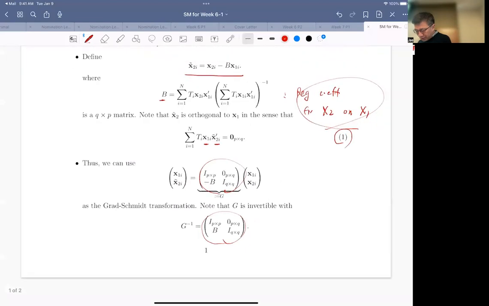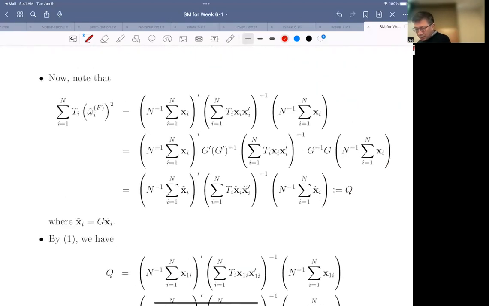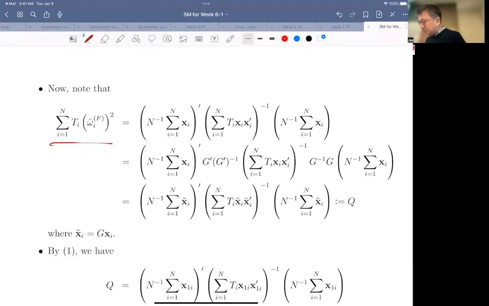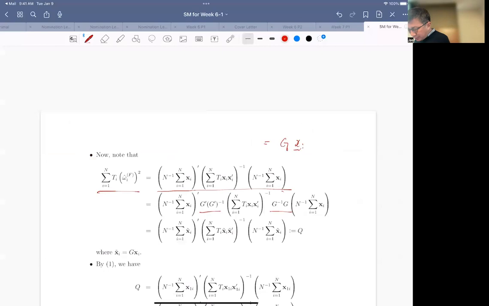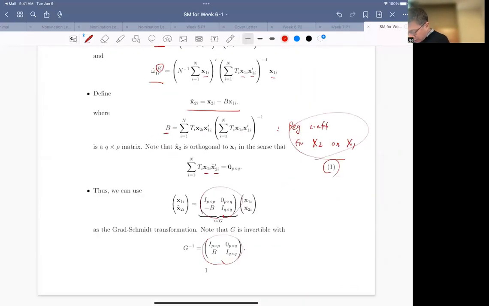So that means, by the way, if you work out the algebra, you can obtain this. And then apply this kind of trick. And then G xi is X tilde, right?